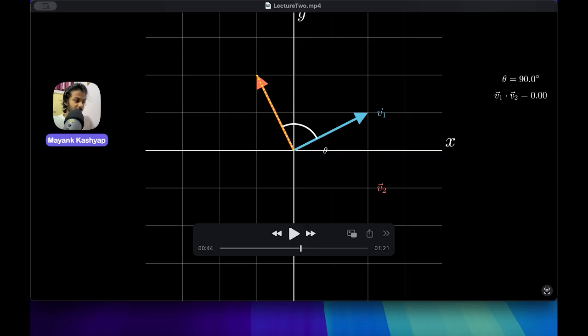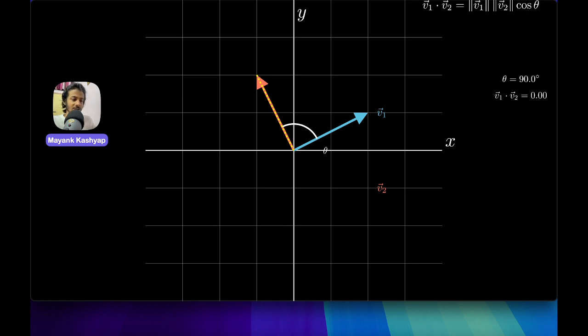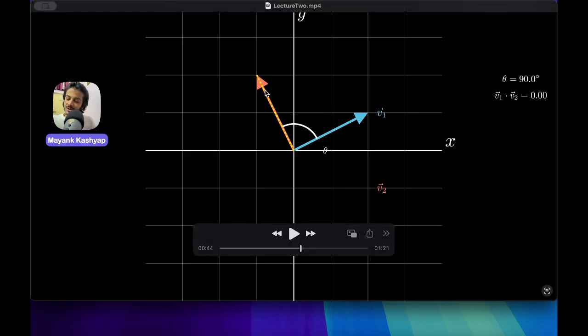This is a unique property that is also called orthogonality, which we'll study later in more detail. And one thing you'll notice is that it was positive before this angle, before 90 degrees, and now this will go negative. Now the dot product is negative.